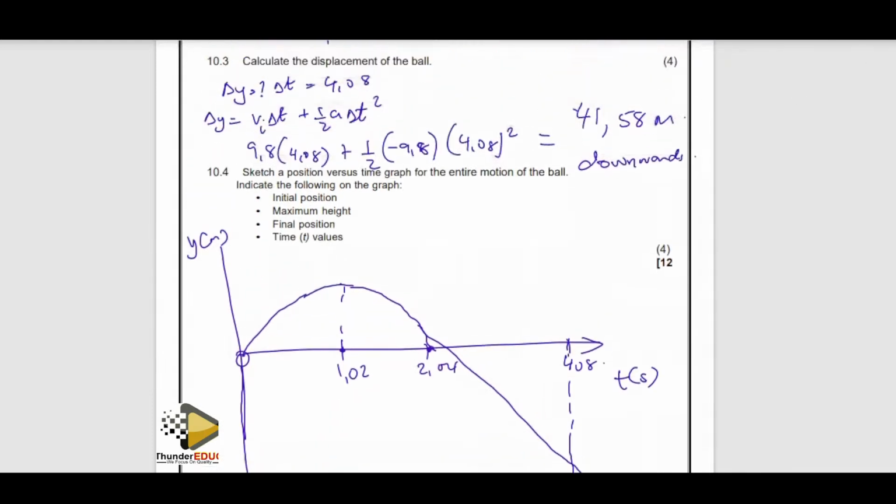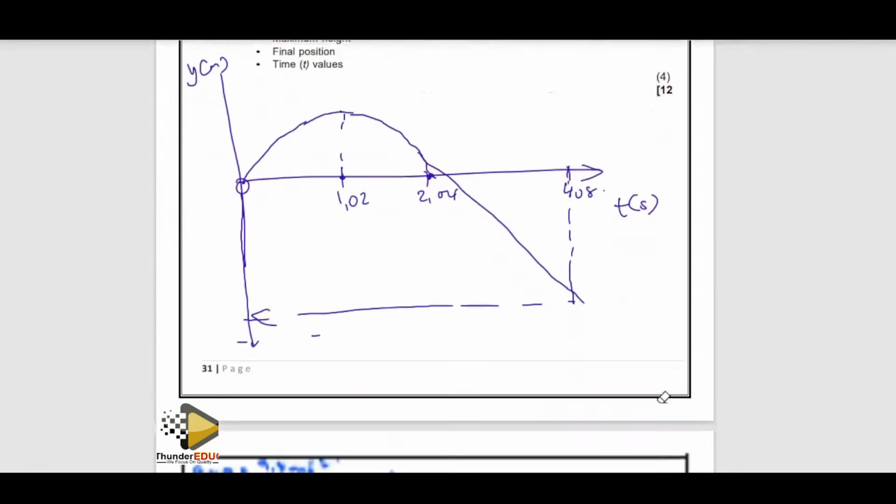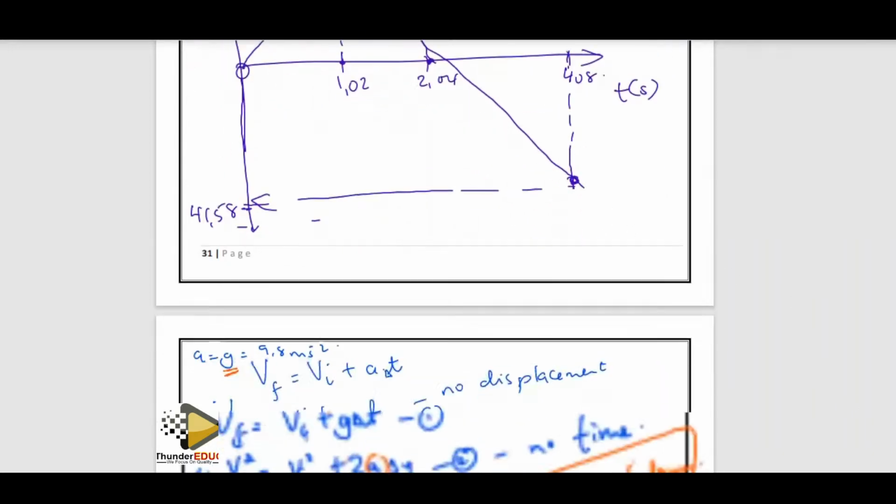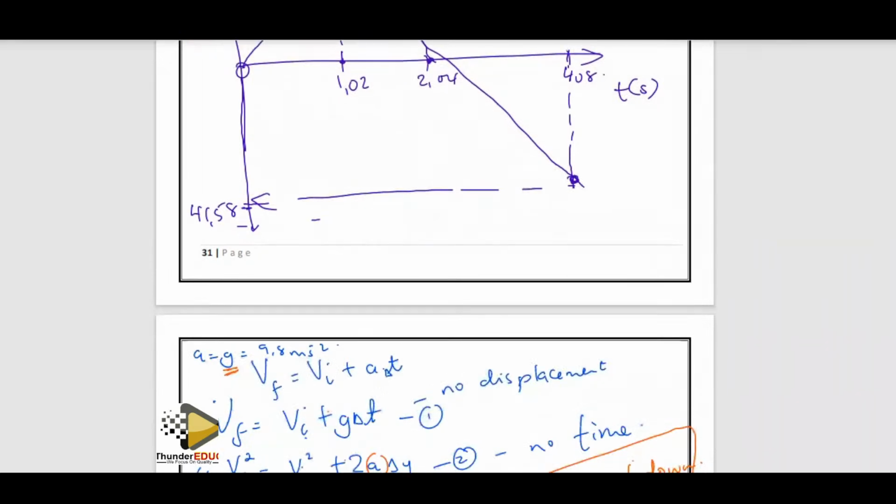Our displacement was 41.58 meters. Hey guys, for as long as you just show us the t values and the direction and everything, then we shall be good to go.